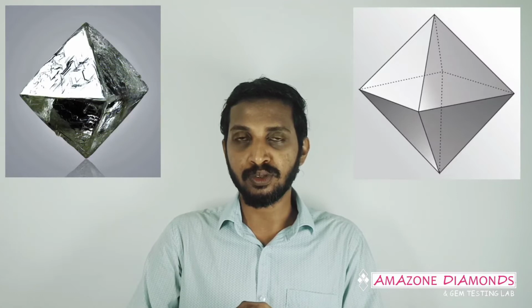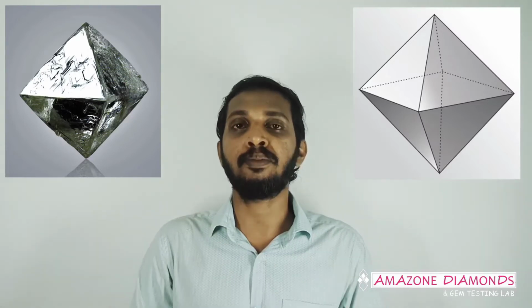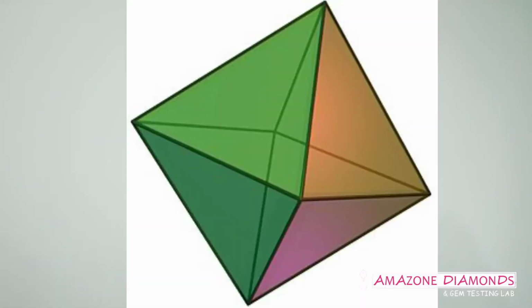Mainly diamonds are seen in the octahedron shape. That means these octahedron crystals will have 8 sides and it is very much similar to two pyramids combined together. These forms will have 8 sides of equal sized triangles. In the case of quartz crystals, as I said, they form in the trigonal crystal system.